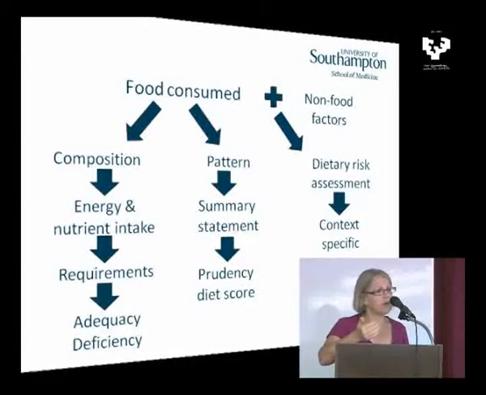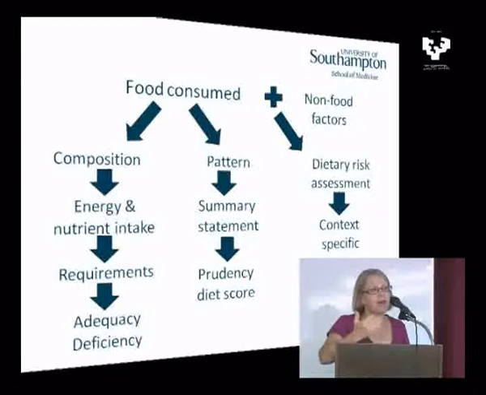Obviously socioeconomic factors come in there, ethnic factors come in there in terms of ethnic diets, where they're cultural diets and they differ. So the factors that affect dietary risk will differ depending on the type of diet and what determines that.